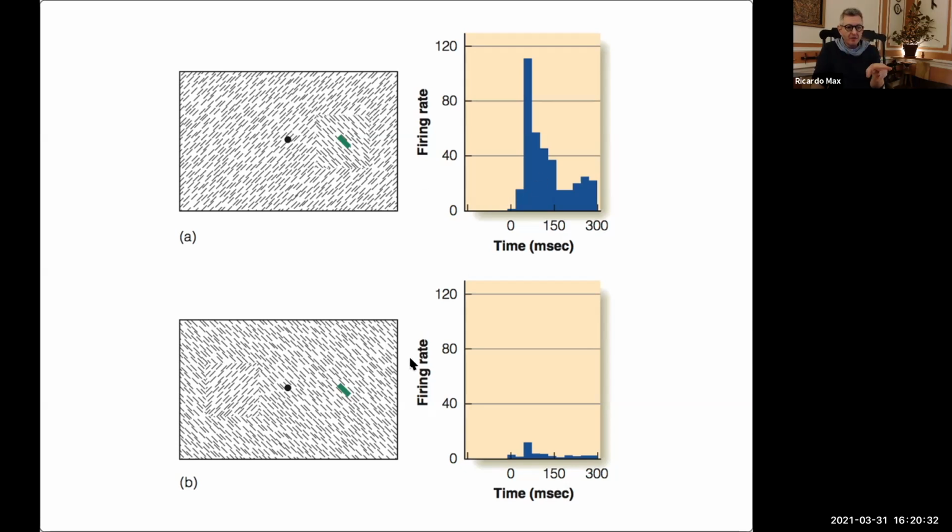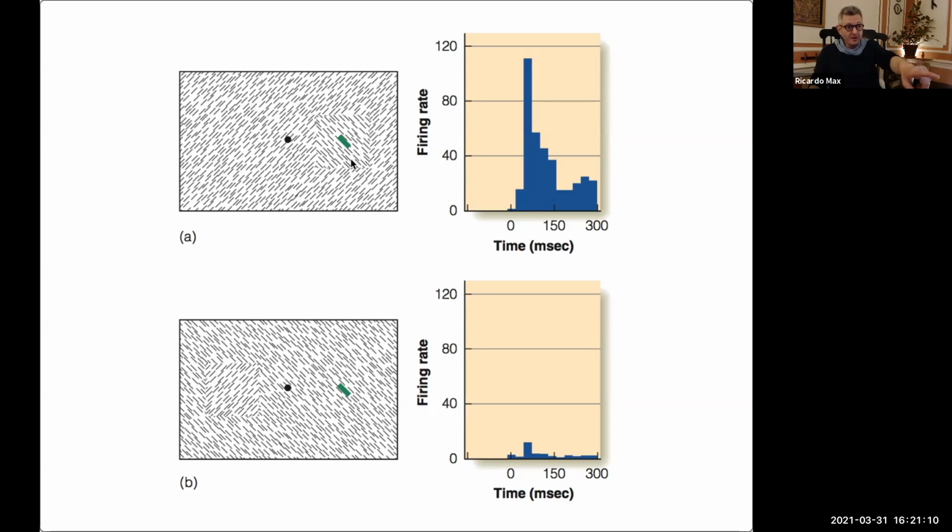This cell reacts to this object with this orientation, but it will only react when the larger area around it, even outside its receptive field, has other objects with the same orientation, and the area within the receptive field is different from the larger area around it.